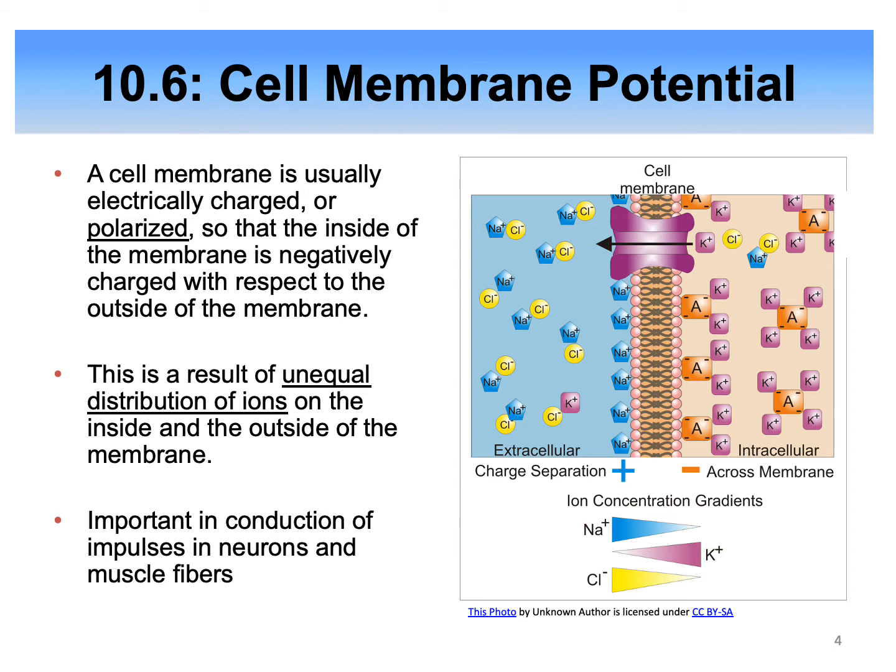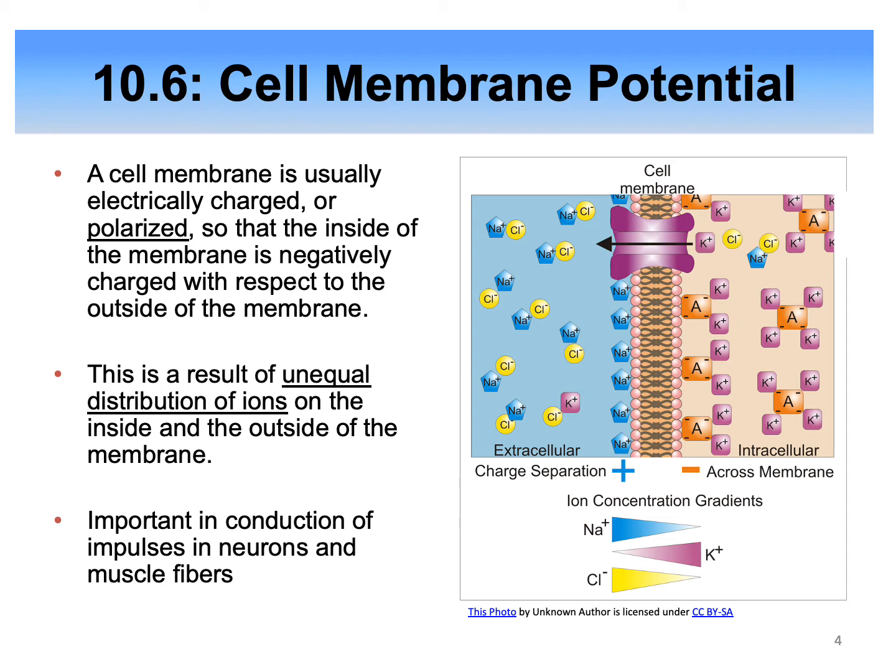There is more sodium and chloride outside of the cell compared to more potassium inside of the cell. Sodium is positively charged, and potassium attaches to negatively charged amino acids and causes the inside of the cell to be negatively electrically charged.